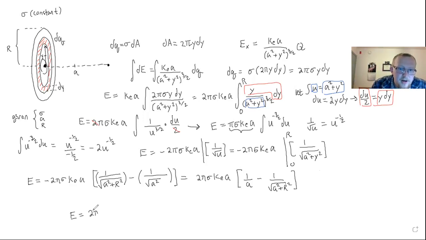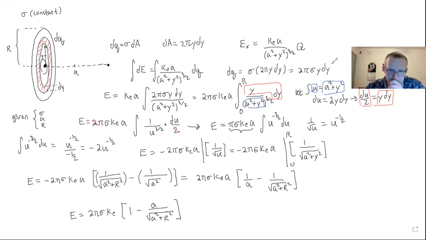E equals 2 pi sigma k_e times 1 minus a over the square root of a squared plus big R squared. All right, so that will be what you will find in the book for this particular example problem.